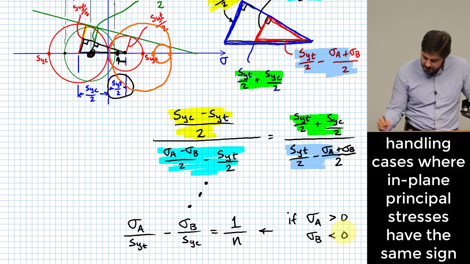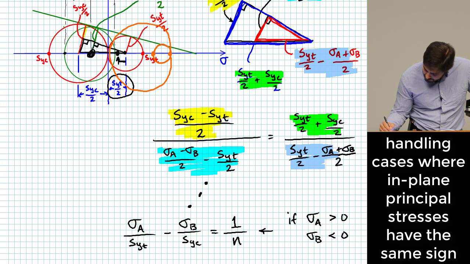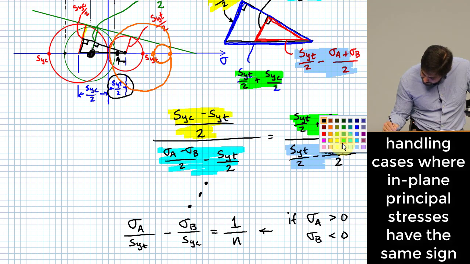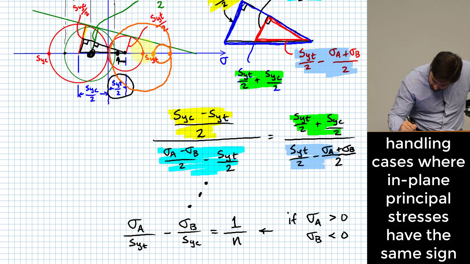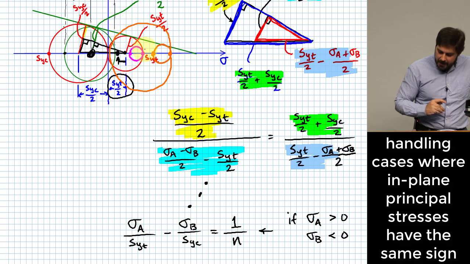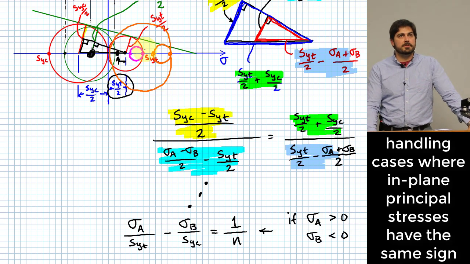So if you actually imagine here a state of stress, I'll do even another color. Let's say I do another state of stress, and I put it right here. Here's my in-plane stress. Do I expect that that will fail my material?